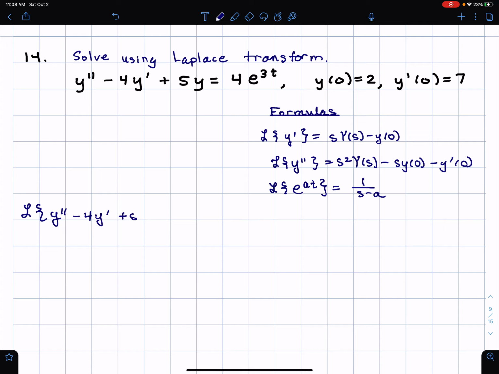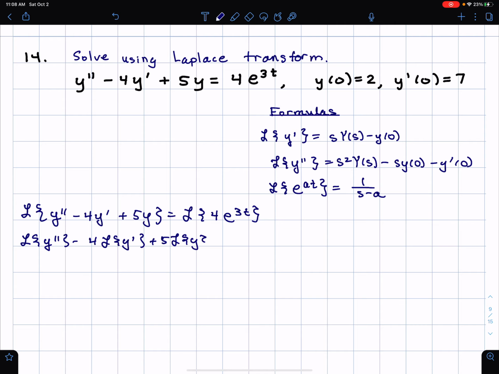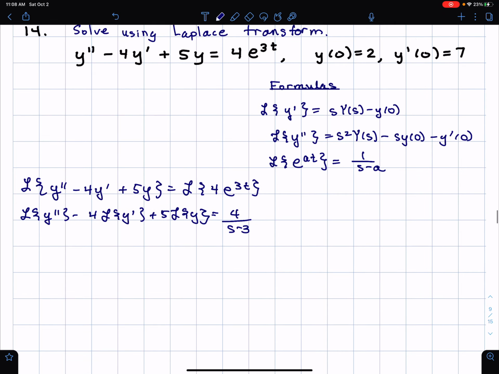I'll get something. I'll just work away on this. So, okay, we use linearity. We have L of y double prime minus 4 L of y prime plus 5 L of y equals, on the right hand side, 4 over s minus 3, because the Laplace transform of e to the 3t is 1 over s minus 3.